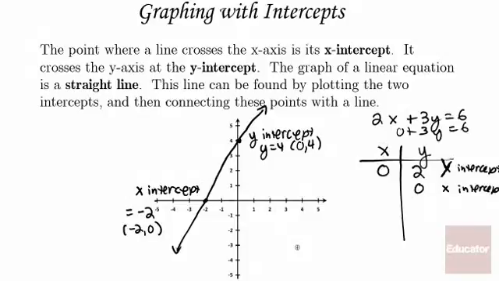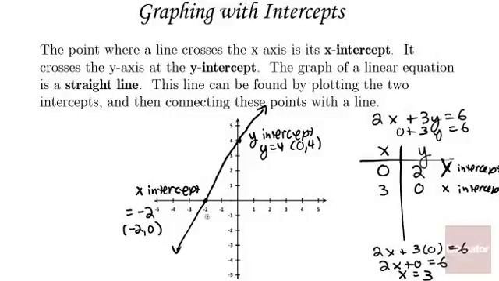The x-intercept is the point at which y equals 0 and the line of the graph crosses the x-axis. So this time, I'm going to let y equal 0. So I'm going to have 2x plus 3 times 0 equals 6. Or 2x plus 0 equals 6. So then I end up with x equals 3. So this is the x-intercept.